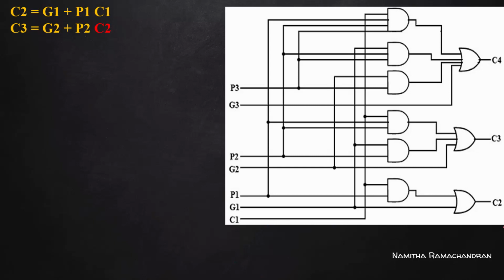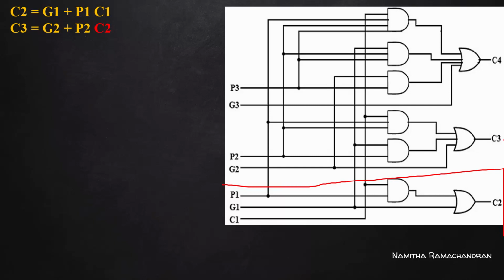So we can represent the C2 circuit as a combinational circuit for our first stage carry output, that is C2, as G1 or P1 and C1. C1 is the instant initial carry input. This is the only one instant initial carry input, that is C1. So C1 and P1 or G1. This is the expression for C2, or this is the circuit part of C2, this portion.